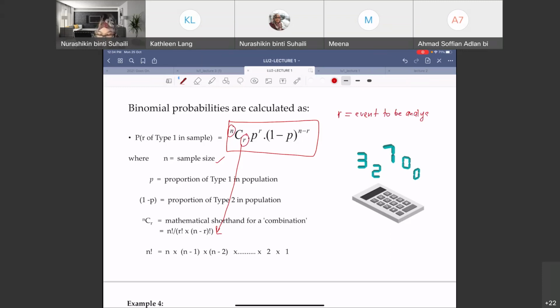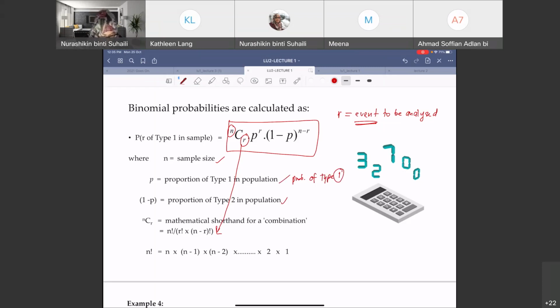Later when we go into the question, we could see the r value. P is the proportion of type 1 population, or the probability of event or type 1. Sometimes it's given in the question. Now, when you know what the probability of type 1 is, of course you know the proportion of type 2, which is 1 minus P.